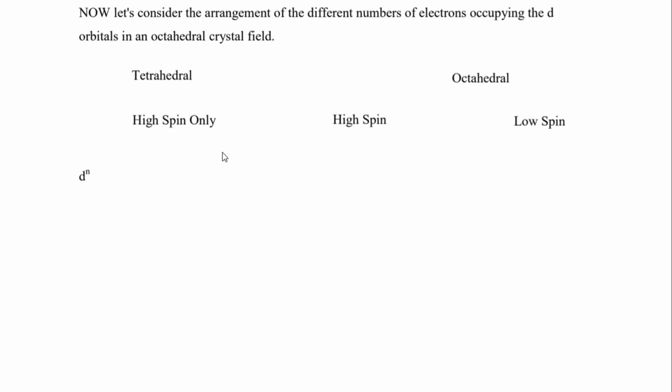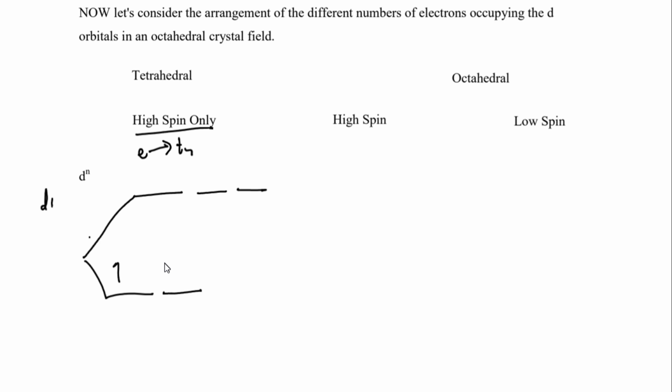Now let's consider the arrangement of different numbers of electrons occupying the d orbitals in crystal fields. For tetrahedral, we say that it's always high spin, and the orbitals are e and t2.